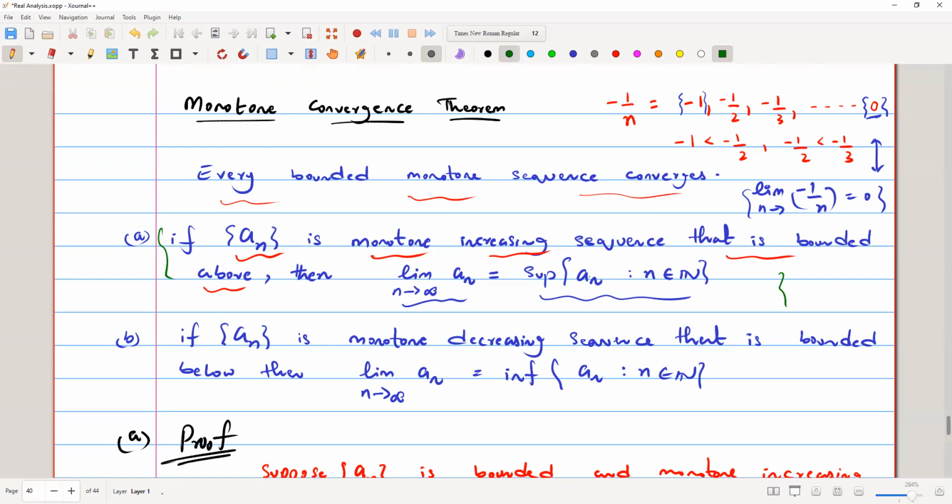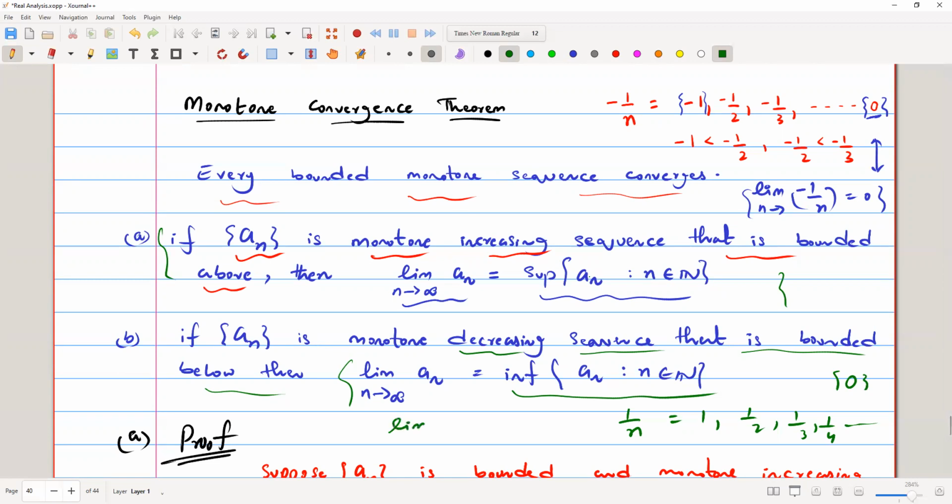bounded above. And if a_n is a monotone decreasing sequence that is bounded below, then the limit as n tends to infinity of a_n is the infimum of a_n. For instance, take in this case 1, 1 over 2, 1 over 3. We know that this is a monotone decreasing sequence, and the infimum of this sequence is going to be 0 because the sequence converges to 0. And then the limit as n tends to infinity of a_n is also going to be 0.